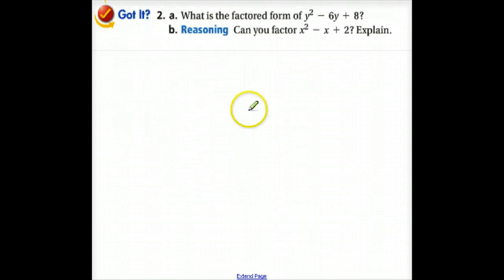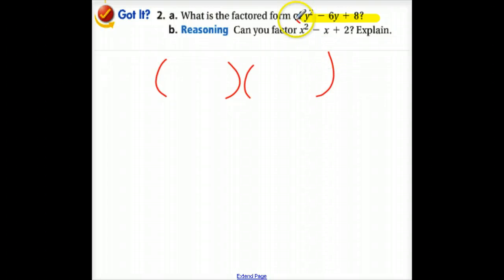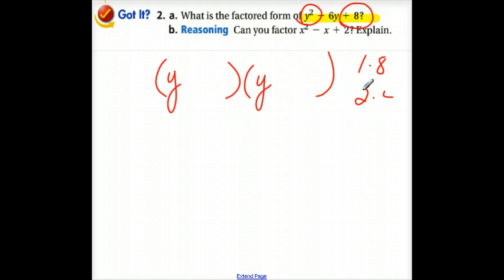Let me show you an example. What is the factored form of y squared minus 6y plus 8? Well, starting with my two binomials, my first term is y squared, so I have a y and a y as my first term. I need my two numbers to multiply to 8, 1 times 8 perhaps, 2 times 4, but they need to add up to a negative 6.